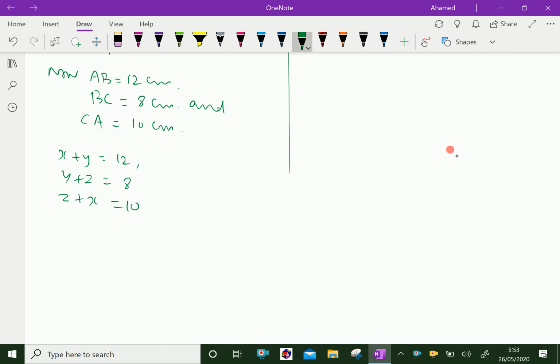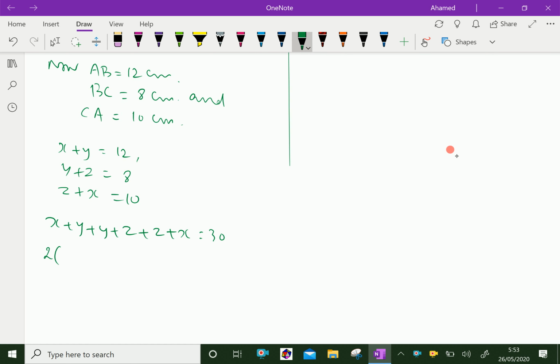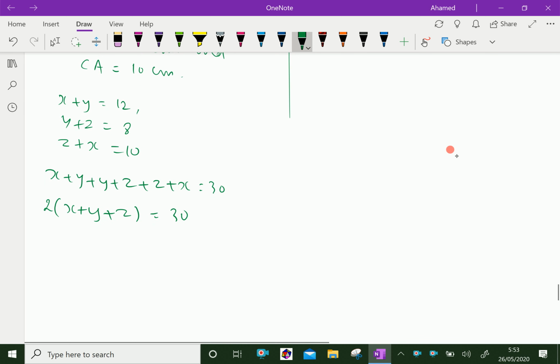Let us add them. x plus y plus y plus z plus z plus x equals 12 plus 8, which is 20, and 20 plus 10 is 30. Everything appears 2 times, that is 2 times x plus y plus z equals 30. Now we can say x plus y plus z equals 15, as 30 by 2 is 15. Now we already have x plus y is 12.